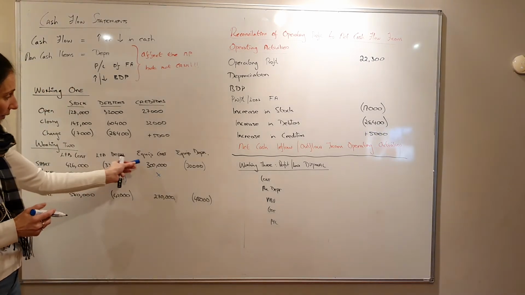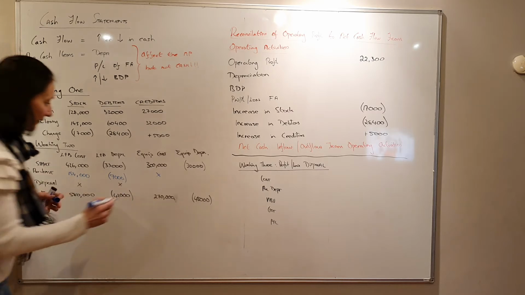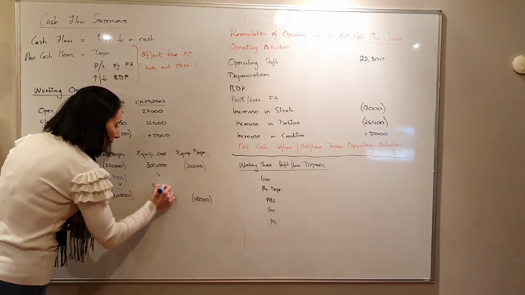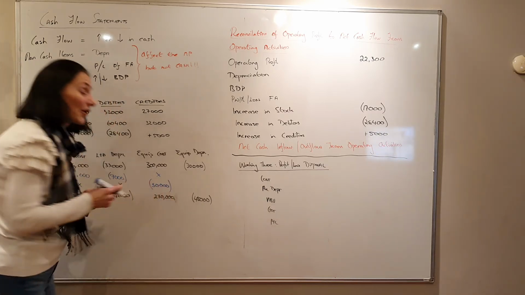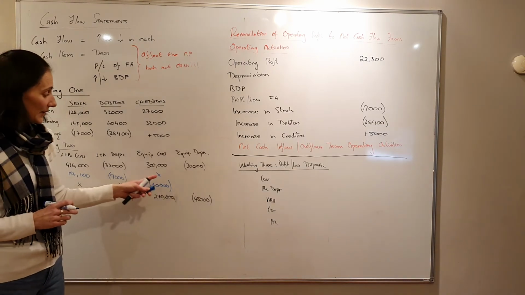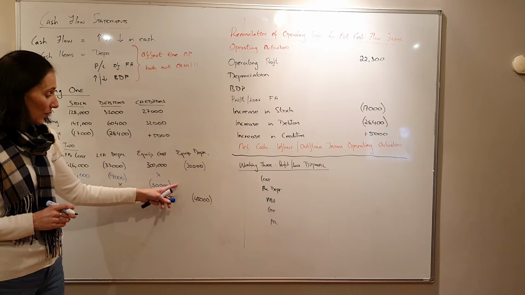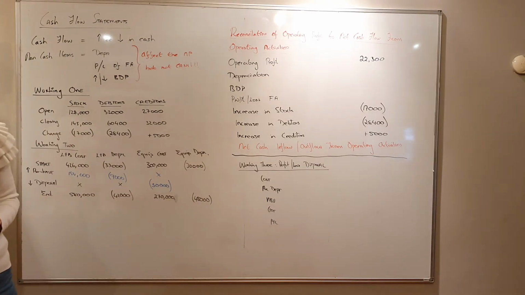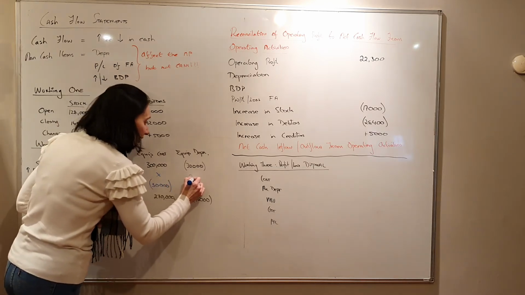So my equipment went from 300,000 to 270. So I must have got rid of equipment that had cost me 30,000. Then it says in adjustment D, the depreciation charge for the year on equipment was 20,000. So the charge for the year was 20.